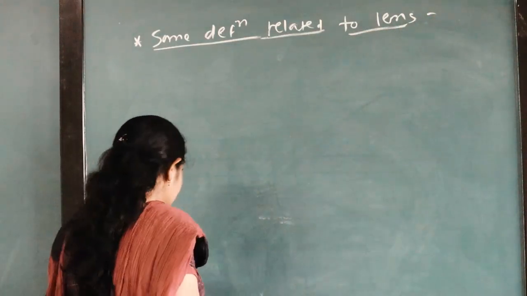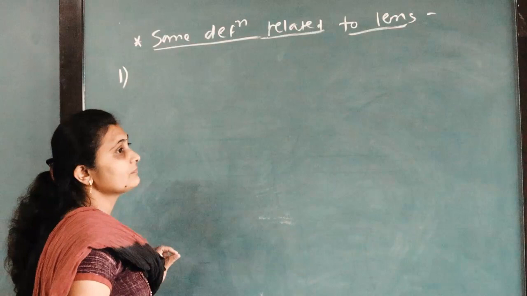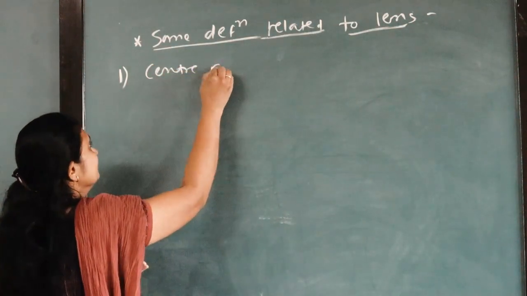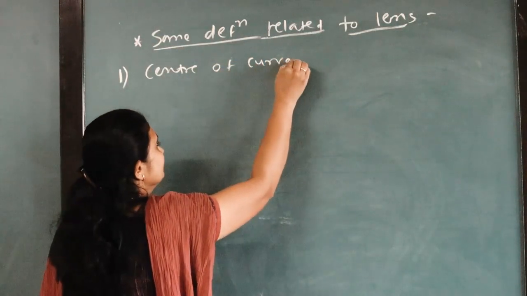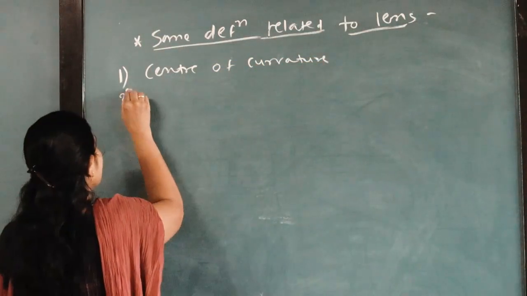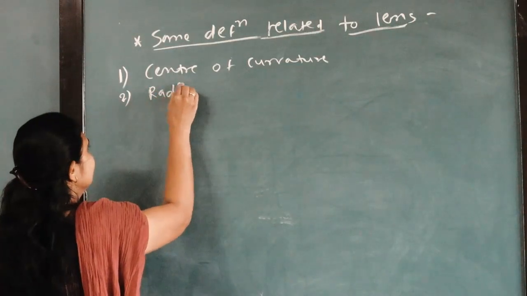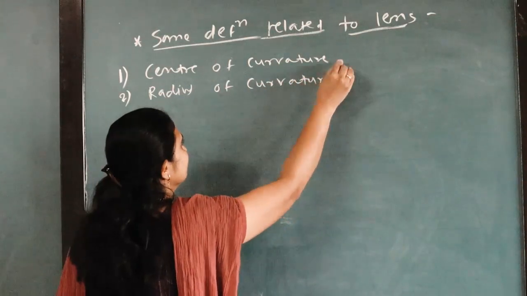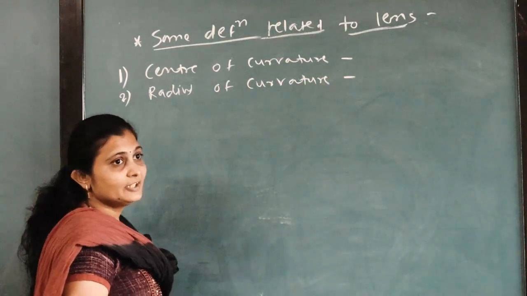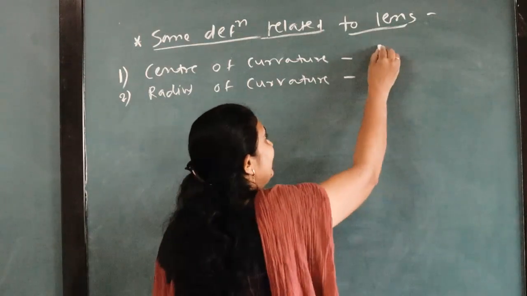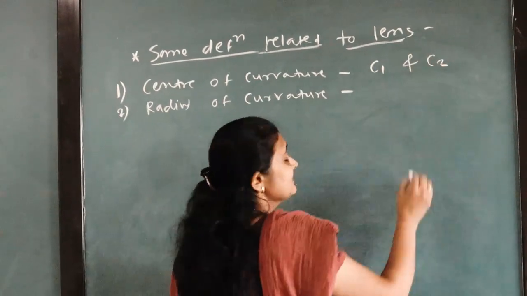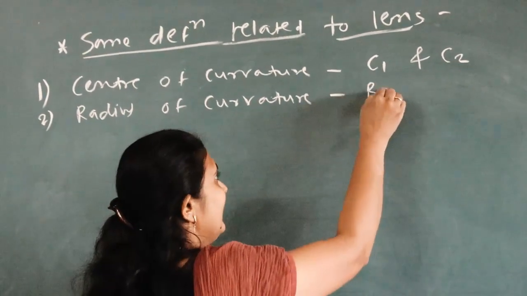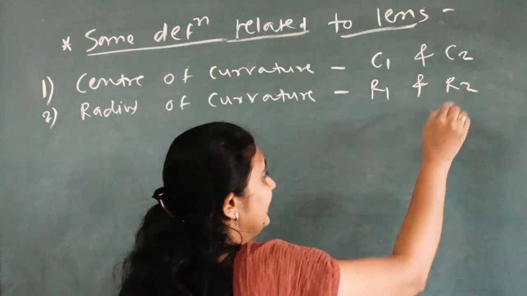First definition is center of curvature, and second is radius of curvature. Center of curvature is denoted by the letters C1 and C2. Radius of curvature is denoted by capital R1 and R2.